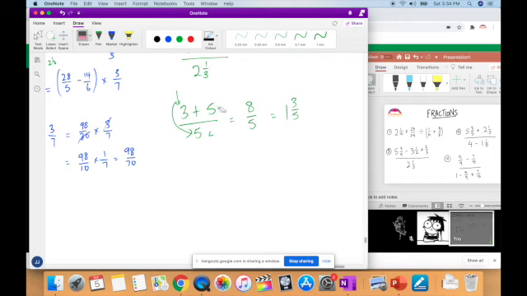So you can't just go and cancel 5 and 5, because you're not getting this answer, you're going to get 3, right? Yeah. So no, that can't work like that. You have to remember that both of them are being divided by 5. So that means that the 3 is being divided by the 5 and the 5 is being divided by the 5. See what's going on there? Yeah. So now I have 3 over 5 plus 1, which is 1 3/5.